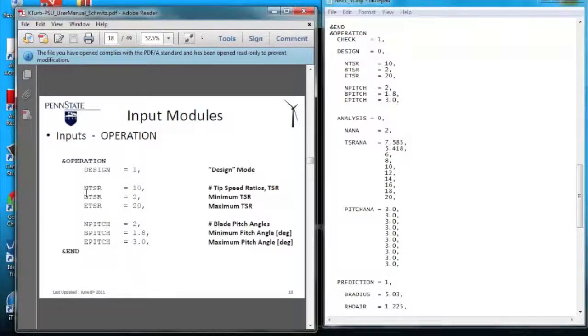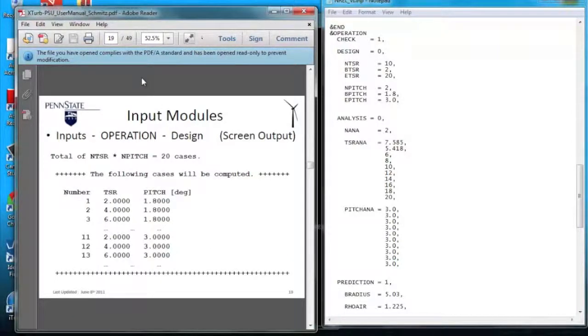So here in this example, n is the number of tip speed ratios, 10, between a minimum tip speed ratio of 2 and 20. Okay, so that's a total of 10 tip speed ratios and a total of 2 blade pitch settings only, with a minimum of 1.8 and the maximum of 3.0.